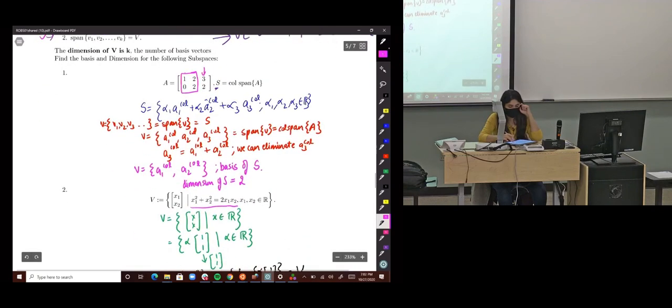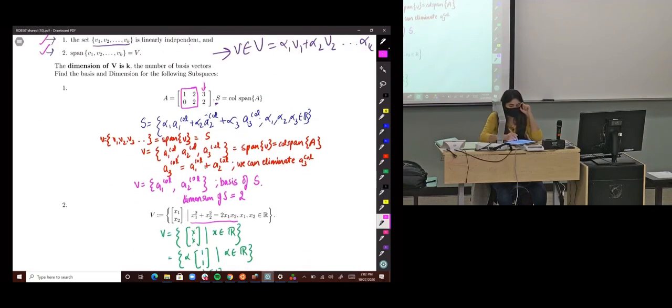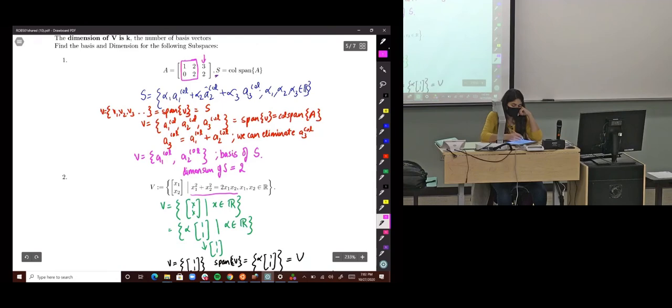Kind of like what we did here. We had alpha 1, alpha 2, alpha 3, but then we looked at the third column and we said that's dependent on the first and the second column, and so we can remove that from our set of basis vectors.